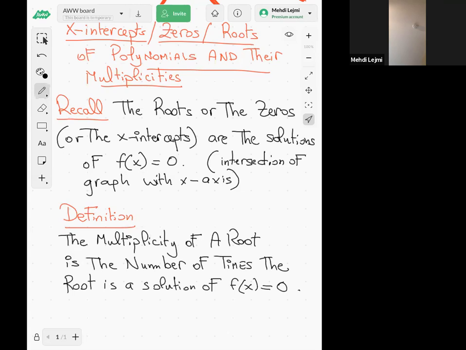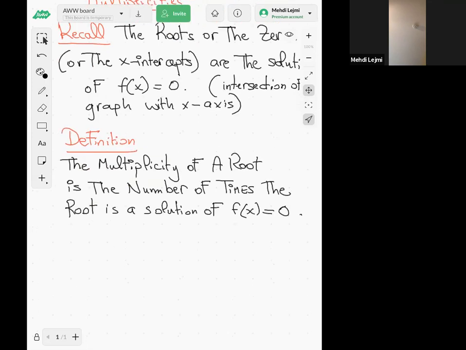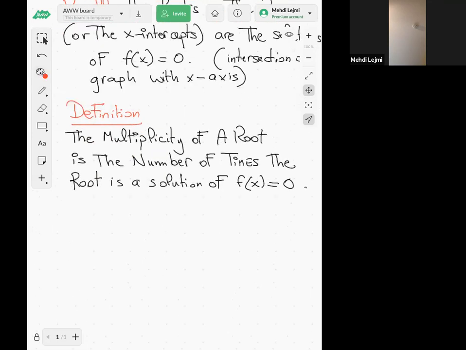Right? So let me explain with an example. What do I mean by this multiplicity? Right? So examples. Okay, so let's take f of x equals x squared minus 2x plus 1. Of course, this is a polynomial.